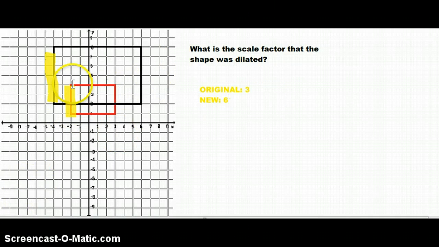Then we can look at the top. The top has a width of 5. Original is 5. Our new one is 10.